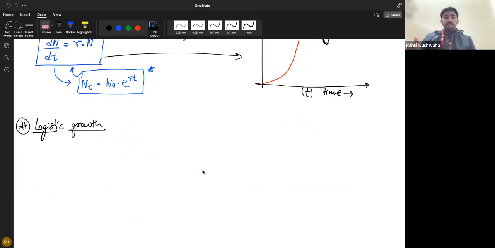For example, when we culture bacteria on a Petri plate, if I start with just a few thousand bacteria, they can keep going exponentially to millions and billions. But when they cover the whole plate, the resources will start getting limited, and their population, from a log phase, will enter a lag and a stationary phase. This we discussed in the last class, correct?